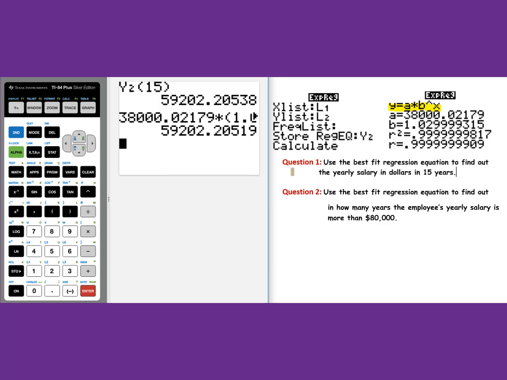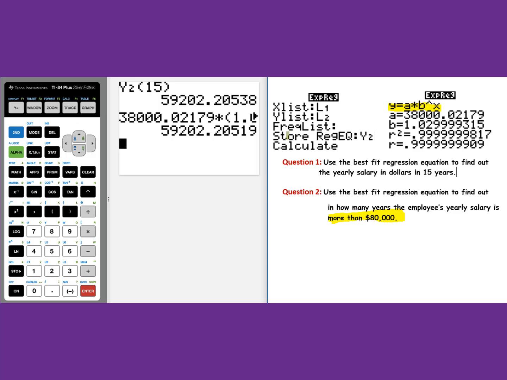Now let's go to question 2. Use the best fit regression equation, which means this exponential regression equation, to find in how many years the employee's yearly salary is more than $18,000.